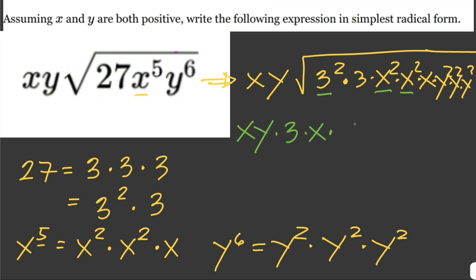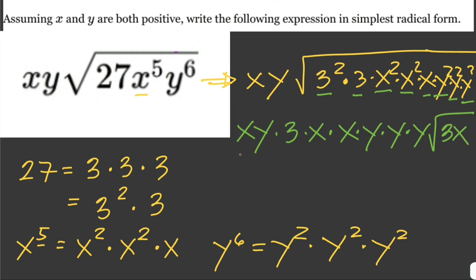Square root of x squared is x. Then square root of y squared is y. Then square root of another y squared is y. Then the square root of the third y squared is y. And we are now left with only 3 and x inside the radical. So that would be square root of 3x.